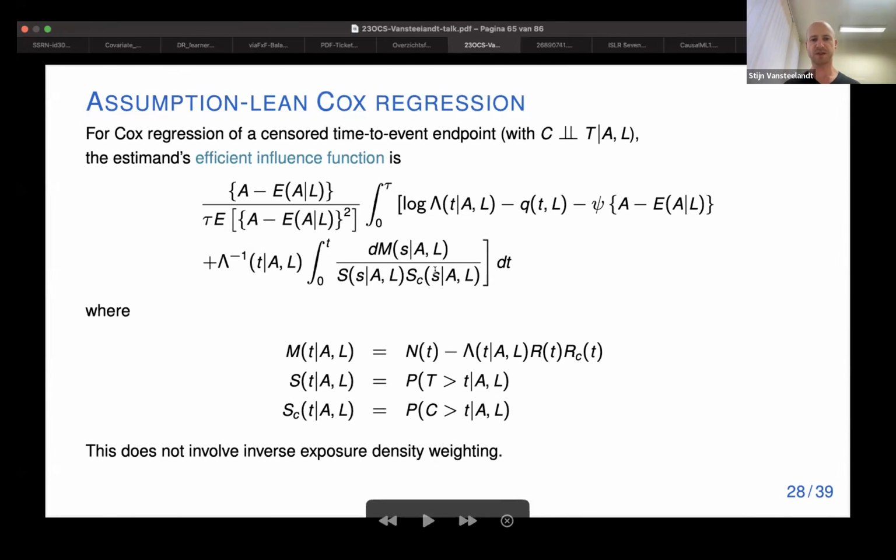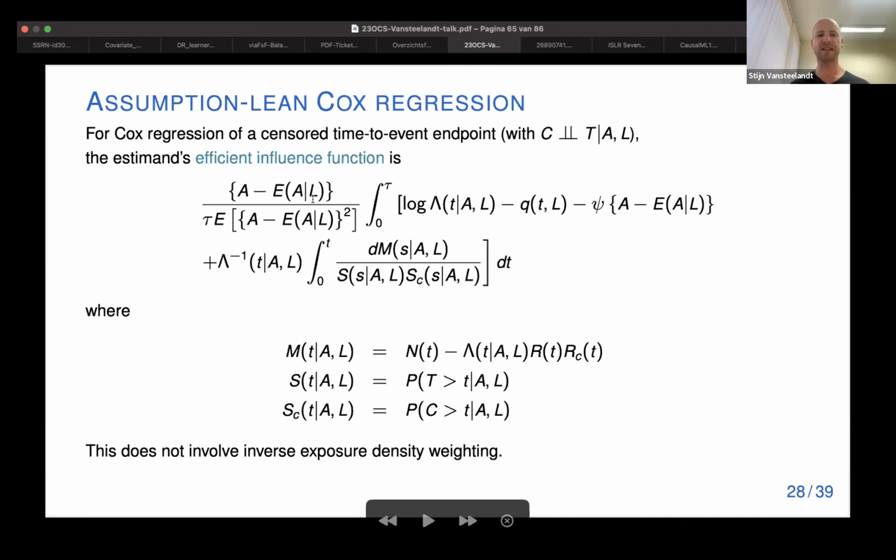And we could perhaps, and that's what I'll do later, use random forest regression to give estimates for these survival probabilities, and therefore also for the cumulative hazard. We could use superlearner, for instance, to give us estimates of the mean of A given L. Importantly, all of these analyses do not involve inverse weighting by the density of the exposure given L, and this has been somewhat of an aim.